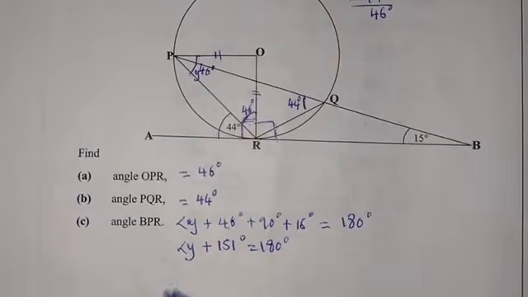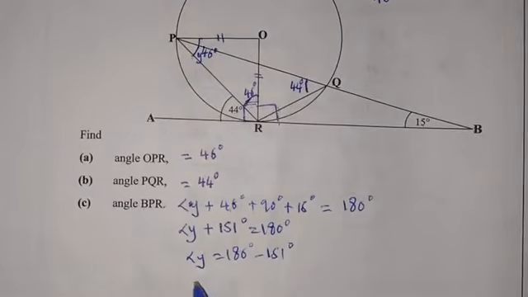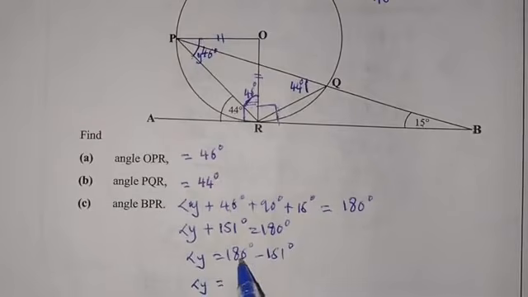We want to find this angle Y. So angle Y is equal to 180 degrees minus 151 degrees, which gives us 29 degrees.